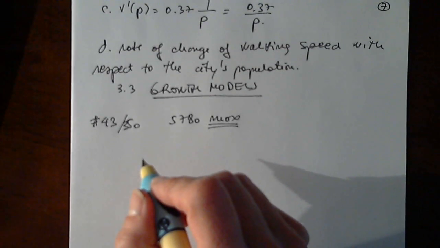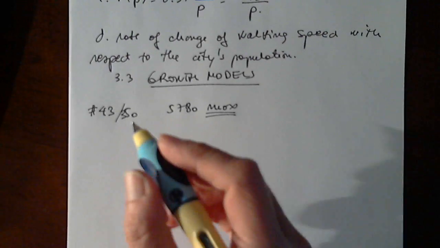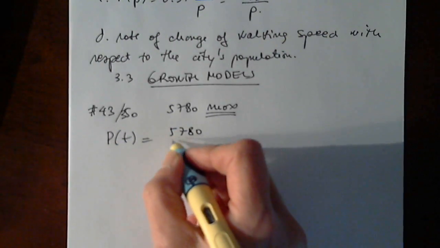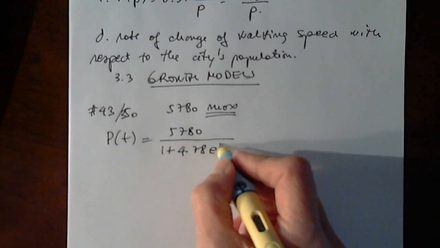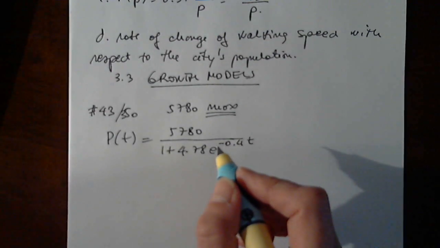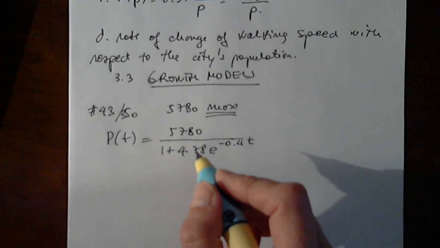The population of the island after time t in years is approximated by the logistic equation P of t equals 5780 over 1 plus 4.78 e to negative 0.4 t. Part A, find the population after 0, 1, 2, 5, 10, and 20 years.